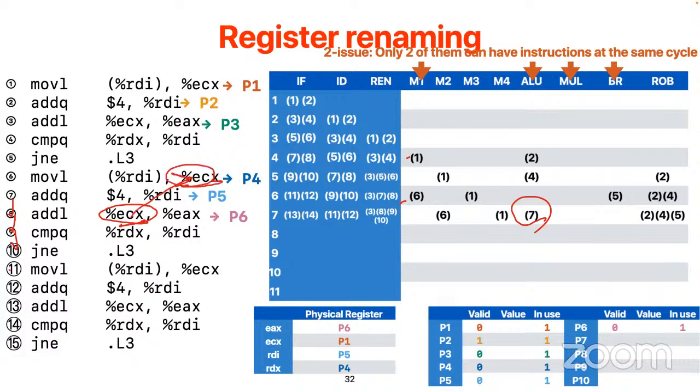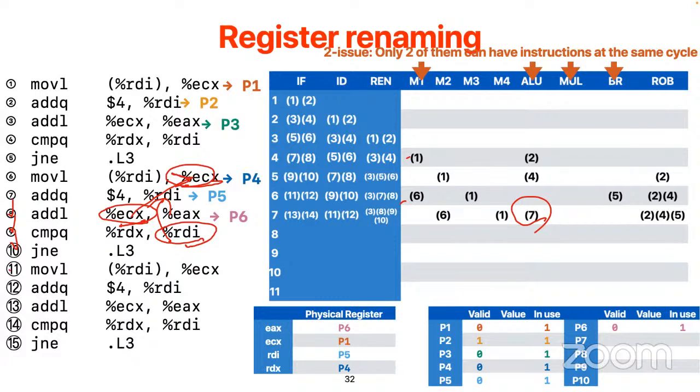Can A be executed? No. How about 9? 9 depends on RDI. Who is changing RDI? 7. Has 7 been finished? At the next cycle.